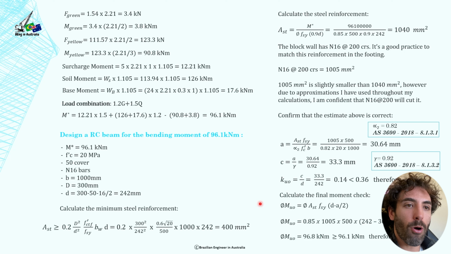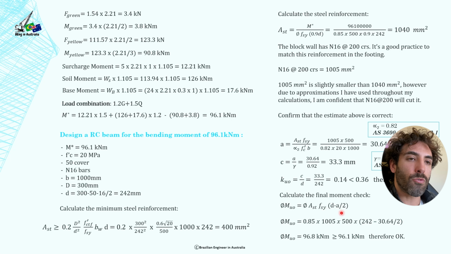So the final moment check is given by phi times Ast times fsy times d minus a divided by 2. So we've got the phi 0.85 times the area of steel that we had before, N16 at 200. Oh, there we go, it's here.